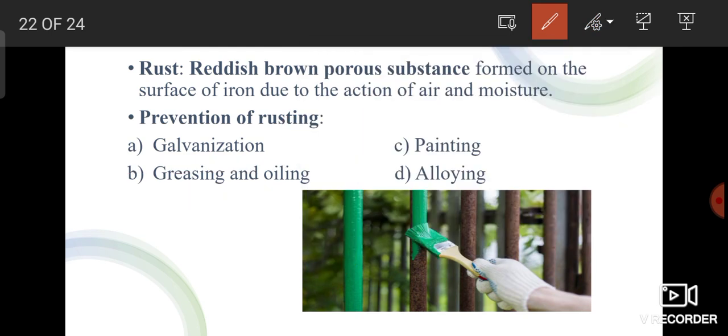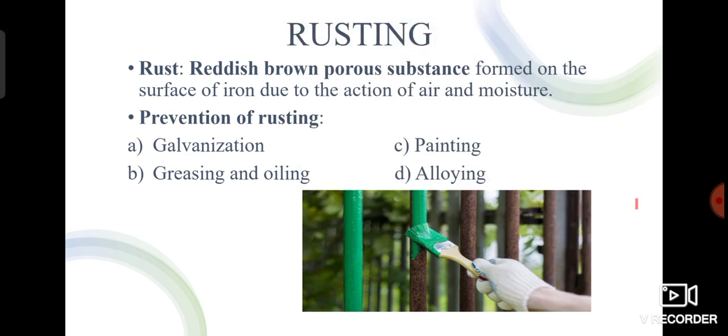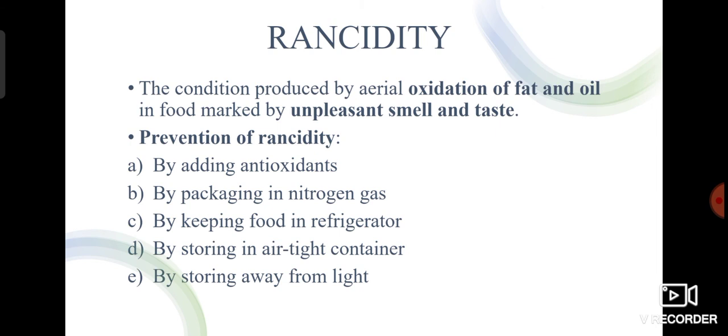Okay, so let's move on to the next thing. Rancidity. This is the last topic from this chapter. So what is rancidity? This is also a common oxidation reaction which takes place in our day-to-day life. What happens in rancidity is that food items which contain some oil or fat, when left open in moist air, the oil present in the food item gets oxidized.